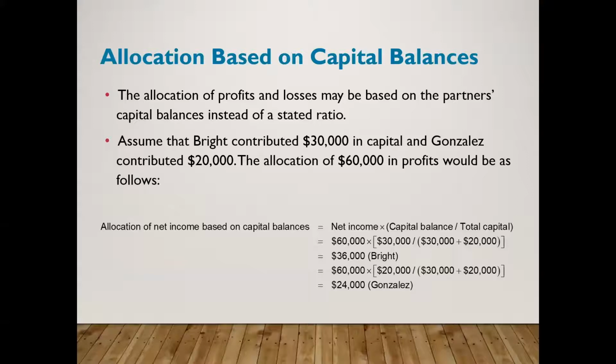And the allocation to Gonzalez would be $60,000 times $20,000 divided by $30,000 plus $20,000, which will give you $24,000. So in other words, it'll be $60,000 times the $20,000 divided by $50,000, which will give you $24,000 for Gonzalez.